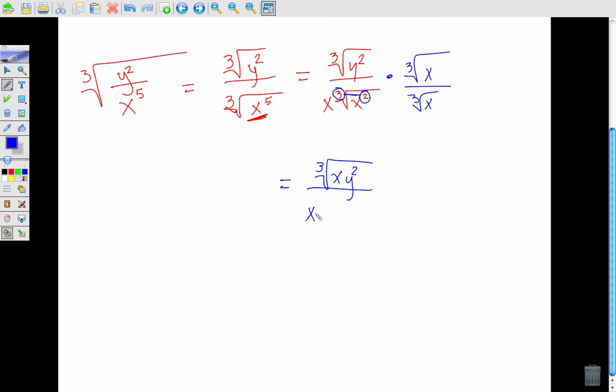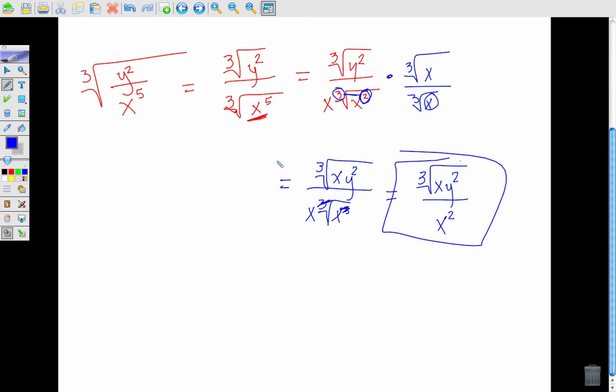Multiply those together, I will get the cube root of x y squared over, this turns into x cube root x cubed, because I add this 2 plus this 1 right here to give me my x cubed. Whole reason I did that is so that these would cancel out, and I'm left with the cube root of x y squared over x and x squared.